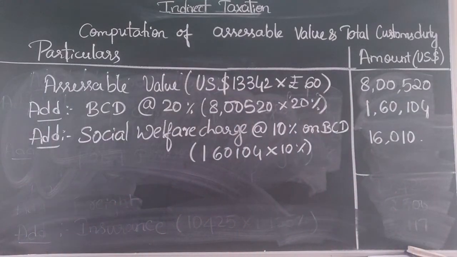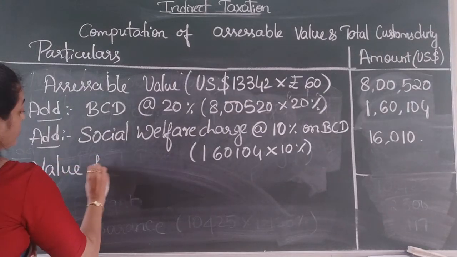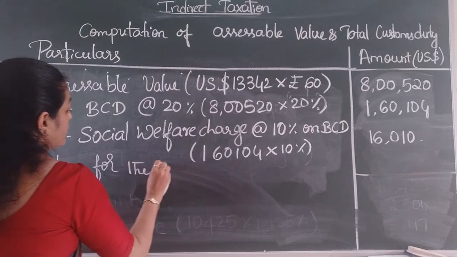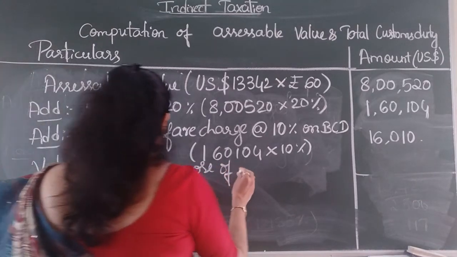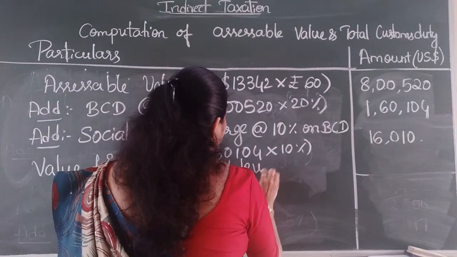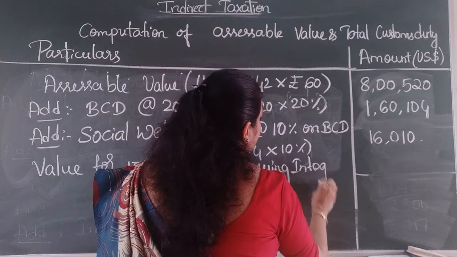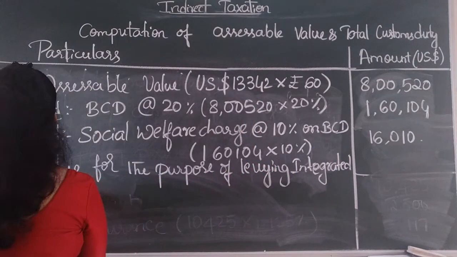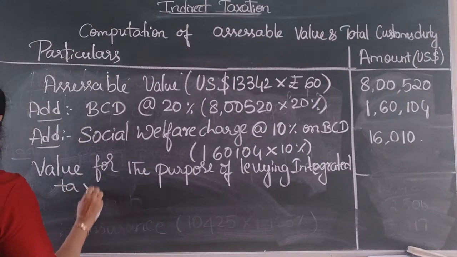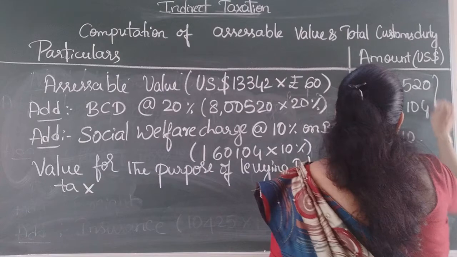After finding the social welfare charge, value for the purpose of levying integrated tax. So you need to add all this value.